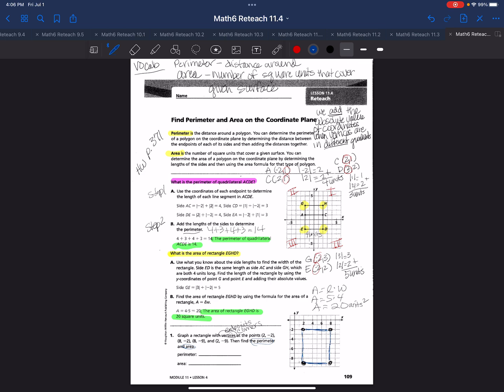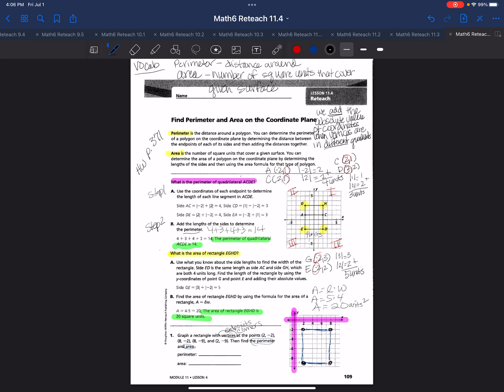So the one thing I want you to notice here, this one is going to be a little bit different because my x-axis and y-axis are here. And if you can see, all these endpoints are in the same quadrant, and these are all in quadrant 4.